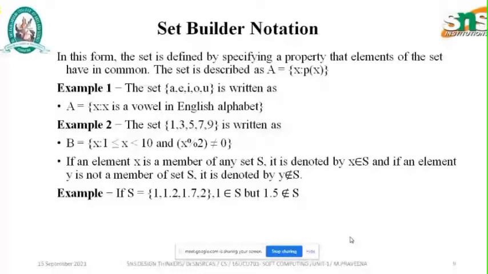For belonging, it is represented as ∈, whereas for not belonging, it is represented as that symbol crossed. For example, if S is equal to {1, 1.2, 1.7, 2}, then 1 belongs to S, but 1.5 does not belong to S.